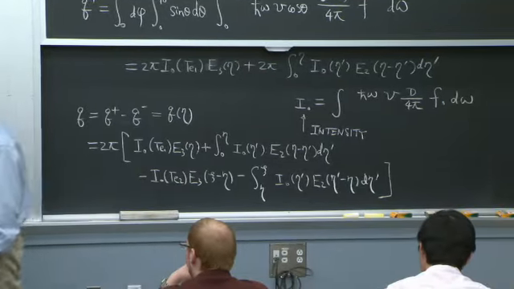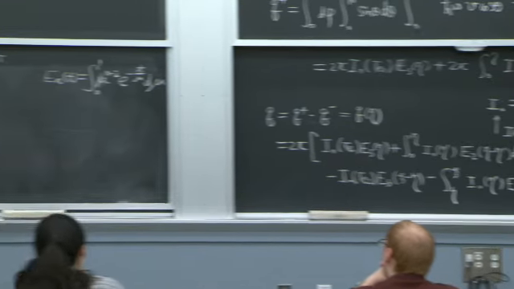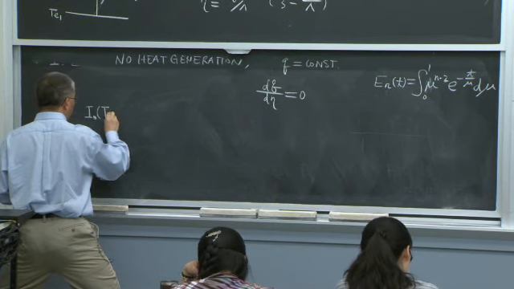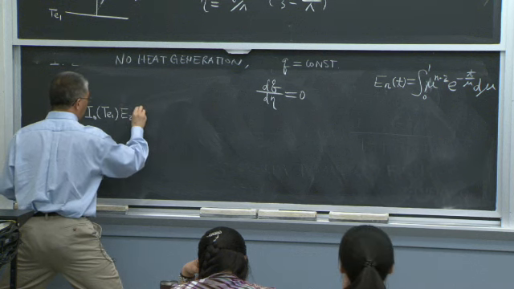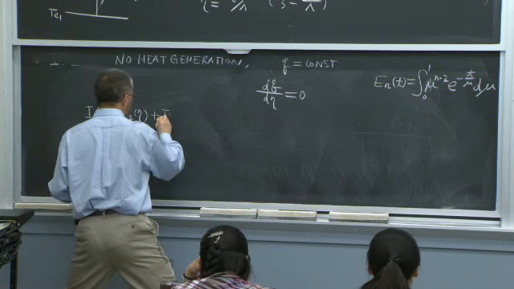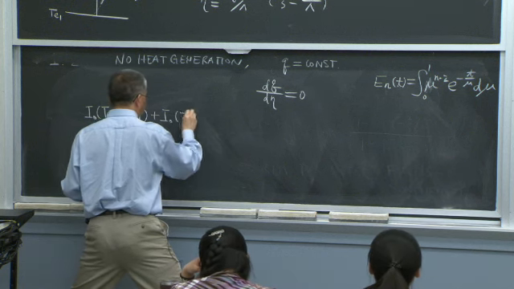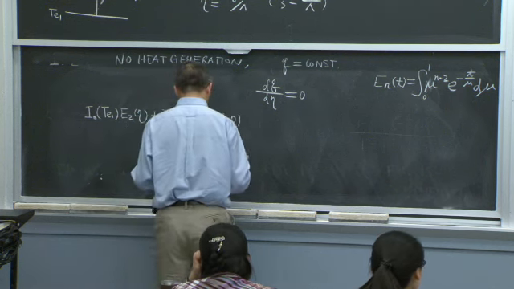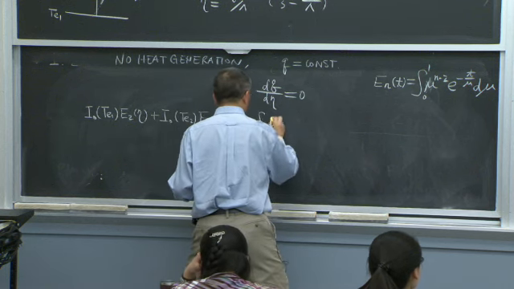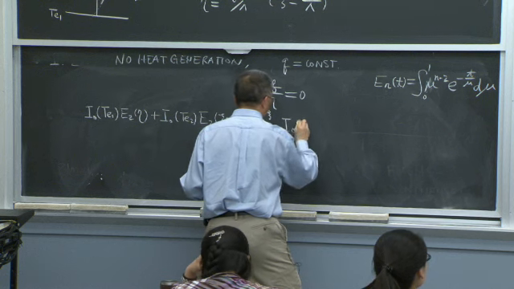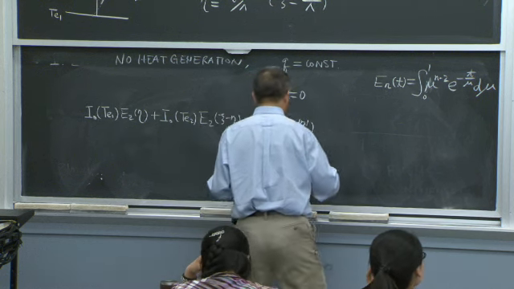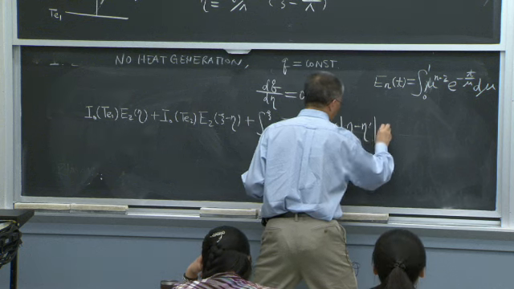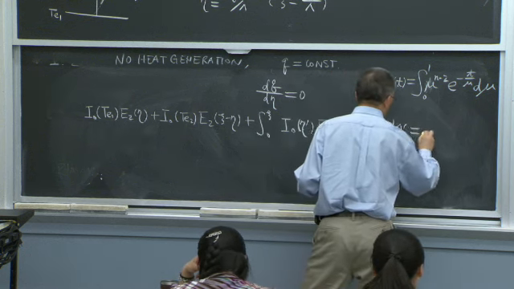You can substitute it. So if I take dQ d eta equals 0, what I have is an equation: I0 T1 E2 of eta, plus eta 0 T E2 and E2 of cosine minus eta, plus the integral from 0 to eta of I0 eta prime, E1 of absolute value of eta minus eta prime, d eta prime equals 0.